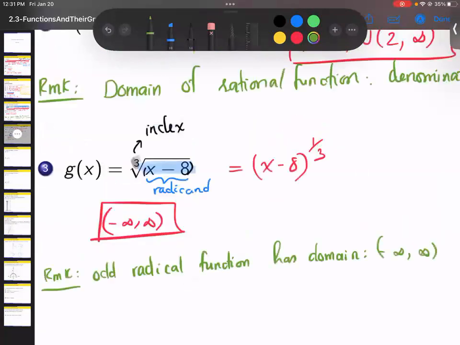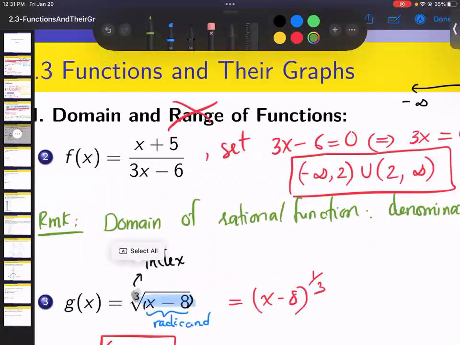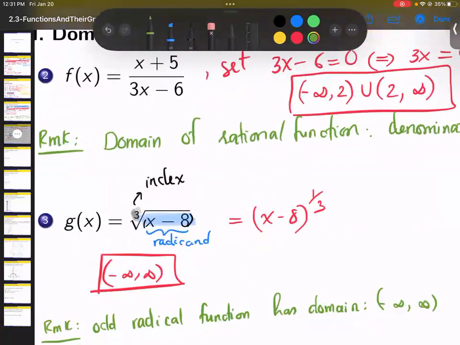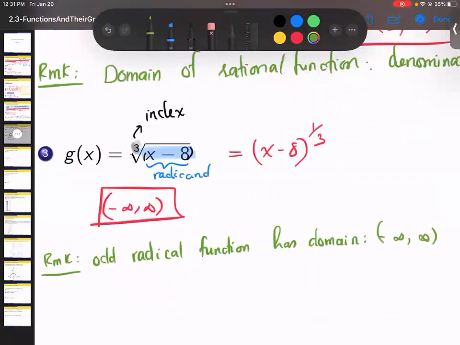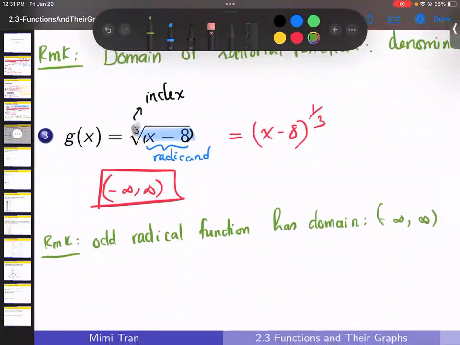Oh no, that's just the domain. I kind of crossed out the range. We're not talking about range here. For range, you need to take a look at the graph. You cannot tell the range by looking at the function, but domain you can.